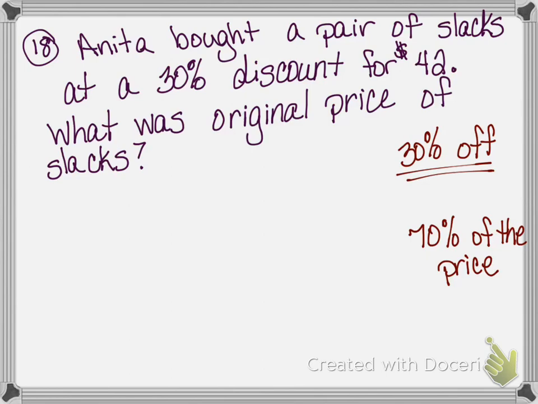And we're always going to change percents into decimals. So that 70% turns into 0.70, or to make it easier, it's 0.7. 0.70 and 0.7 are the same thing. And 70% of the original price, which is X, so 70% of the original price equals $42.